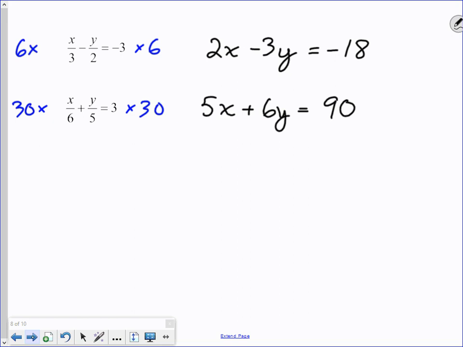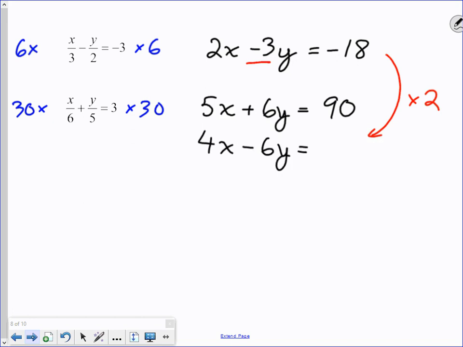Okay. Once I've gotten rid of the fractions, now I can start trying to think about how I'm going to solve this using elimination. And I think the easiest thing to do for elimination here is to multiply that top equation by 2 to eliminate y. So I'm just going to bring this down here. 2x times 2 is 4x, and negative 3y times 2 is negative 6y.